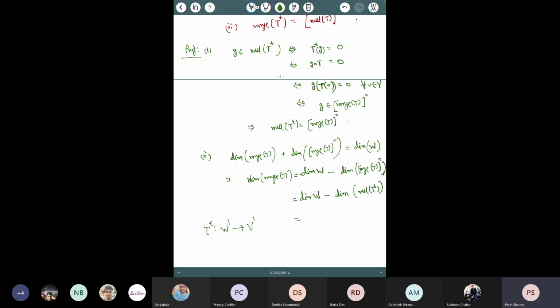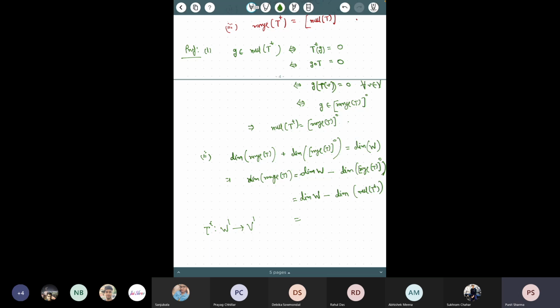V and W are finite dimensional, so W dash and V dash are also finite dimensional. So we can talk about rank nullity. We can apply rank nullity for T transpose also. But then what would be the rank nullity? Dimension of W dash is equal to dimension of range of T transpose plus dimension of null of T transpose.